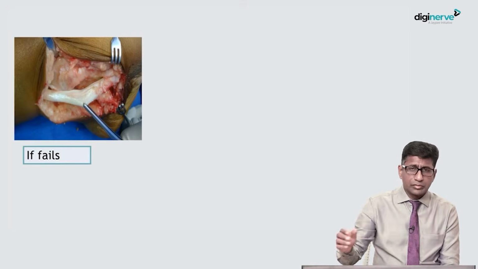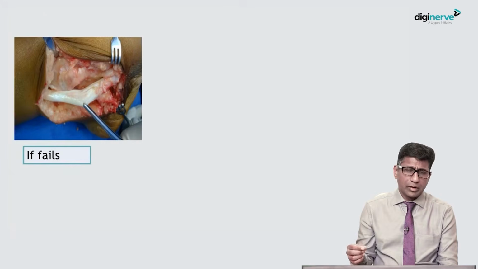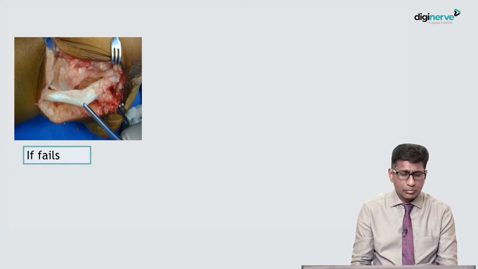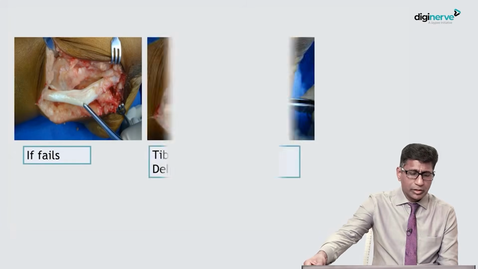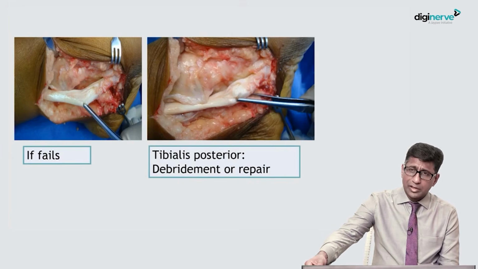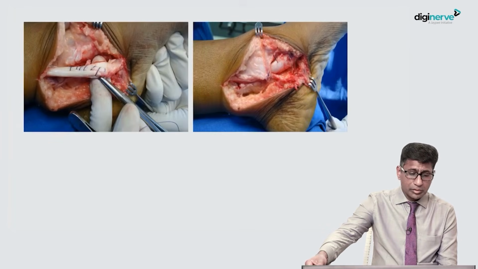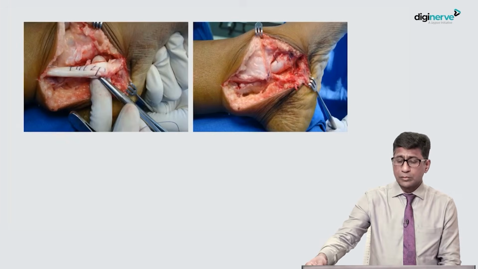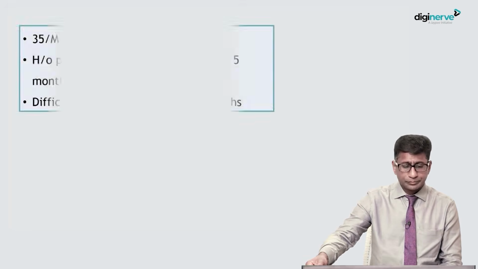In stage 1, the tenosynovitis stage, if the patient doesn't have any improvement after 3 to 6 months of conservative management, then we can do a tenosynovectomy, where you open the tibialis posterior tendon, remove all the degenerated portion of the tibialis posterior, and do a repair with some Vicryl or other materials. These patients do well without any existing deformities. In stage 1 tenosynovitis, you can do a debridement and repair alone.